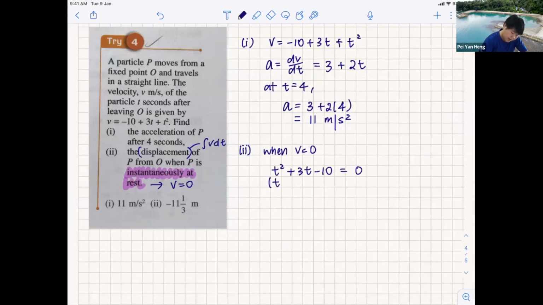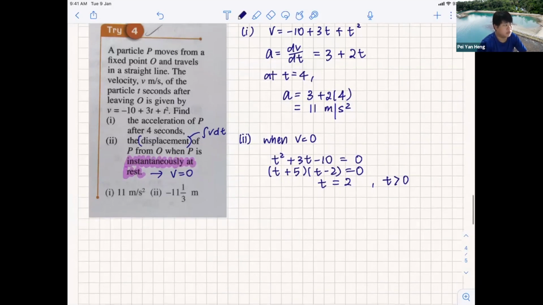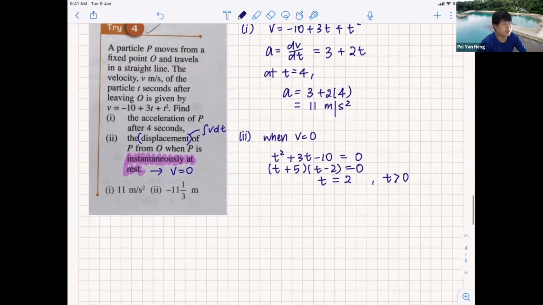Factorize, you get t plus 5, t minus 2 equals 0. And we know that t equals 2, since t has to be bigger than 0. We don't have negative time, so t is 2. So P will be instantaneously at rest at t equals 2.